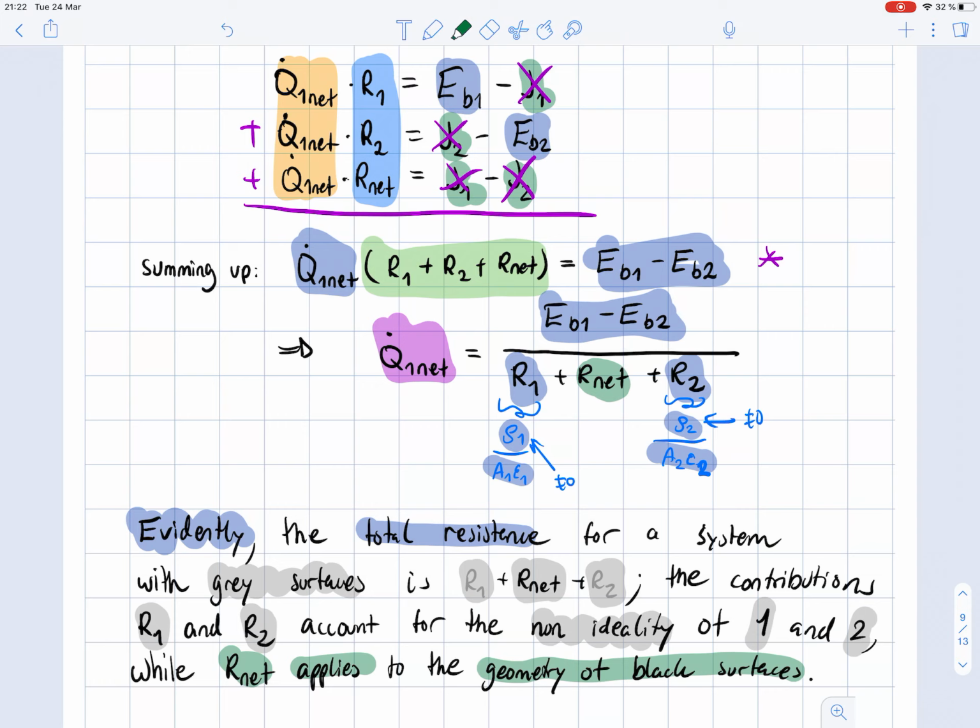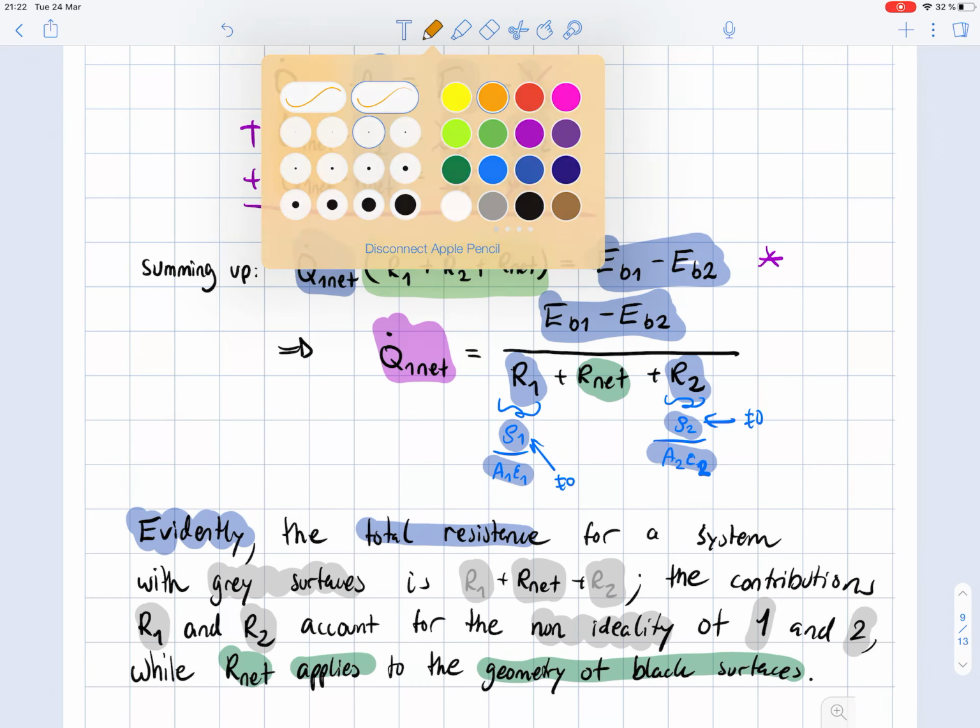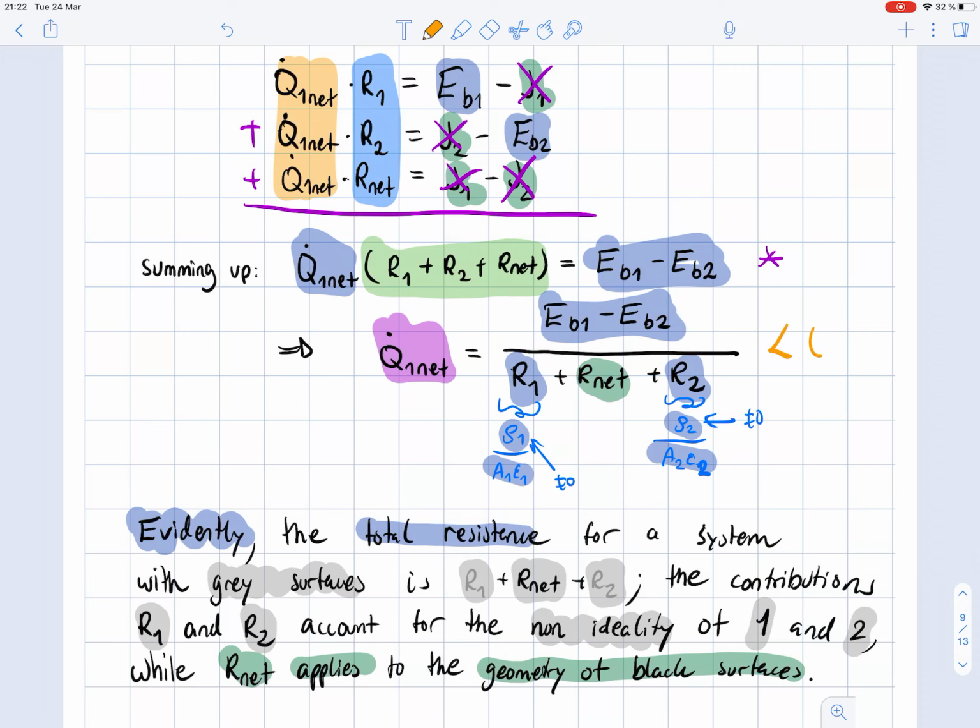The resistance becomes higher due to the grayness of the surfaces, and that ends up in a smaller heat flux than if you had black surfaces, because our total gray resistance is greater than R net. And that coincides with what we found in our discussion on radiation shields a few weeks back.